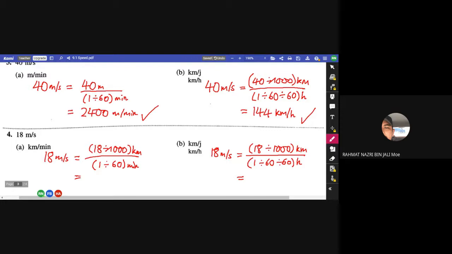B, Kenji, double check your calculator. So the first one, we have 1.08. Okay, the second one, we have 64.8 kilometer per hour.